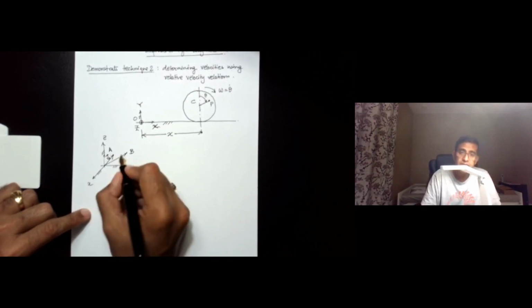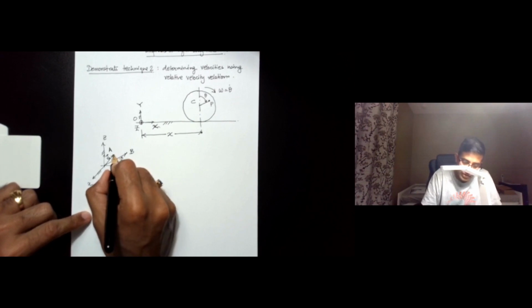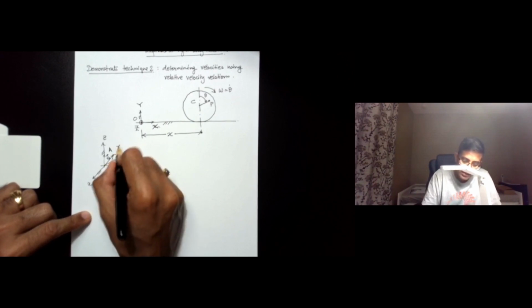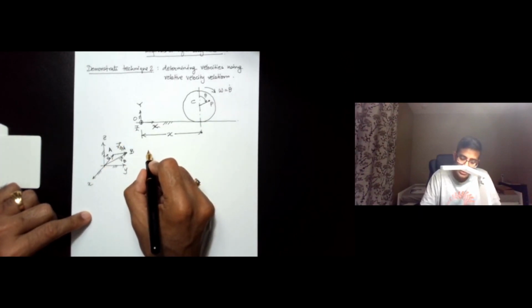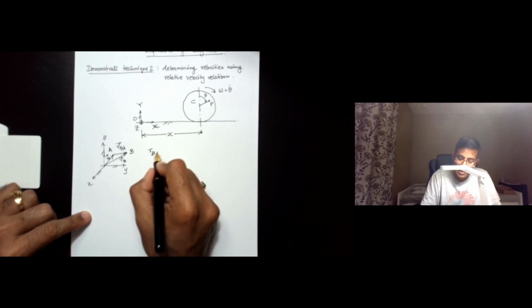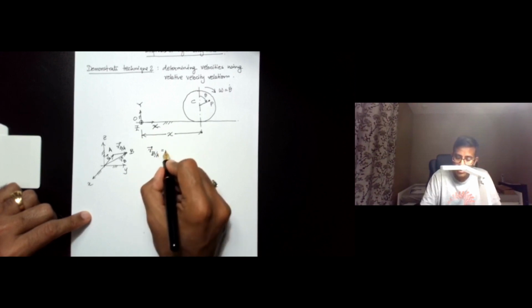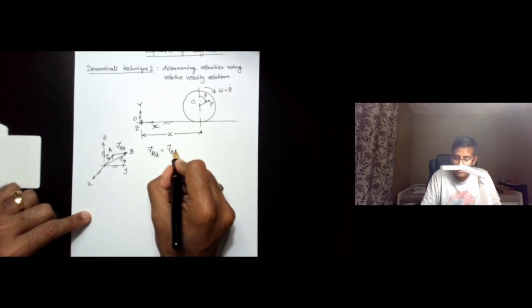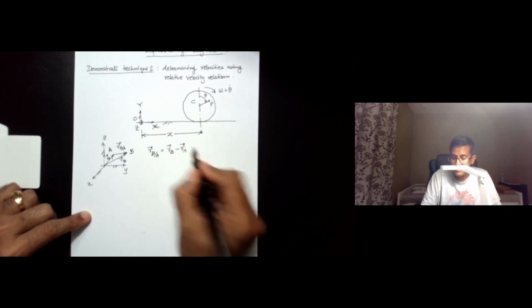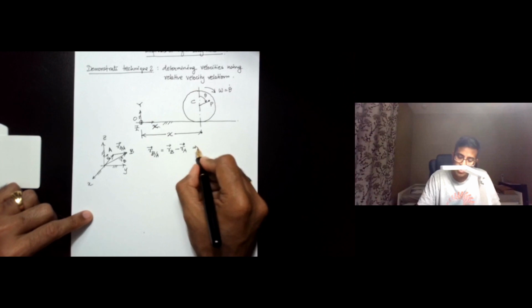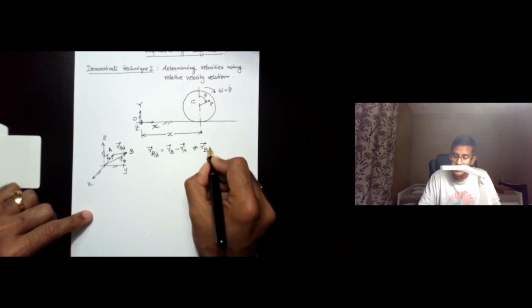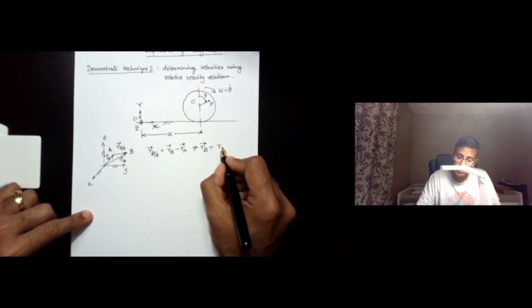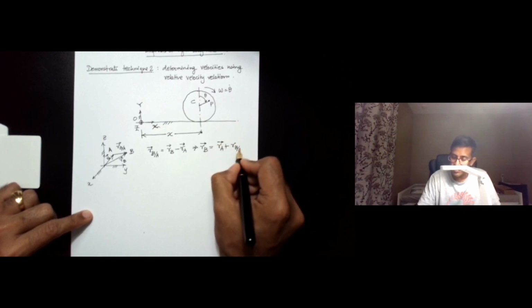These are the two vectors, and the vector going from A to B is RB with respect to A. Then you can say that RB with respect to A is equal to RB minus RA. Or in other words, you can also say that RB, the position of the point B, is equal to RA, the position of point A, plus RB with respect to A.